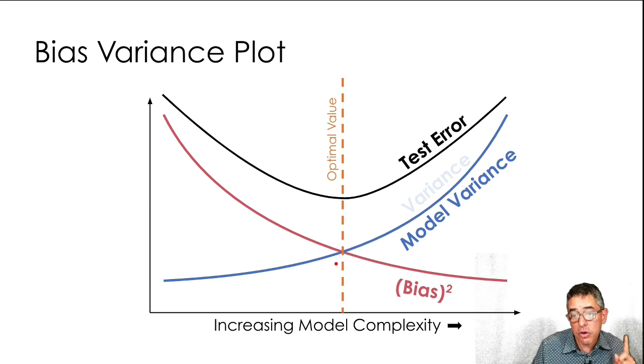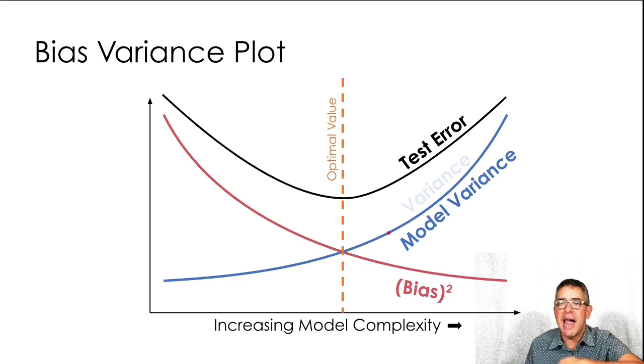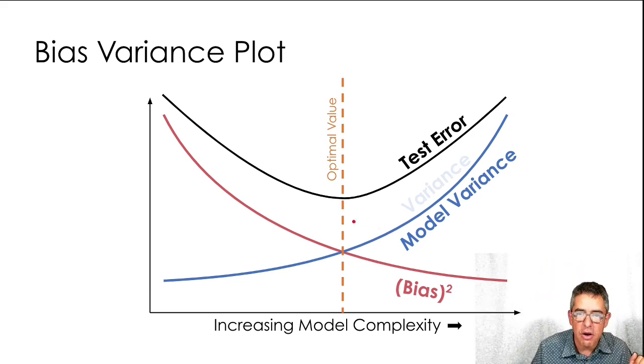So what we're looking for is the place where we've gotten the bias down enough to give us good predictions before the model variance begins to go up, because our error is the sum of these two plus some sort of flat constant, which is the observational noise that is not plotted here.